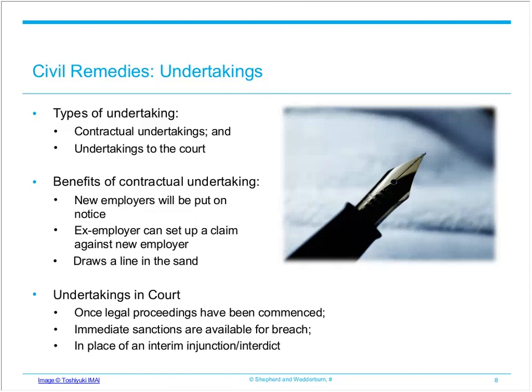For example, that the information will be permanently deleted, or to disclose any use that's been made of the information during the time it was in the party's possession, or to allow an IT expert to review the party's systems to confirm that the information was in fact deleted and that no other confidential information was taken. The willingness of both parties to agree to undertakings will depend on the circumstances.